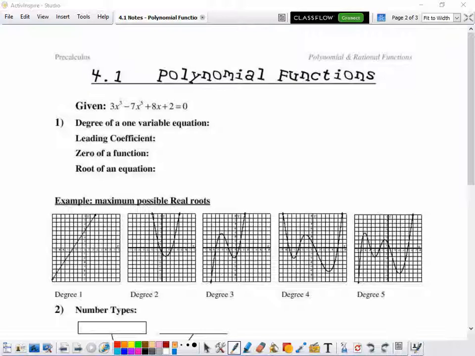First of all, the degree of a polynomial function. What is a degree of a one variable equation? Notice this one only has x's, so it's a one variable equation. The degree is the greatest exponent of the variable.